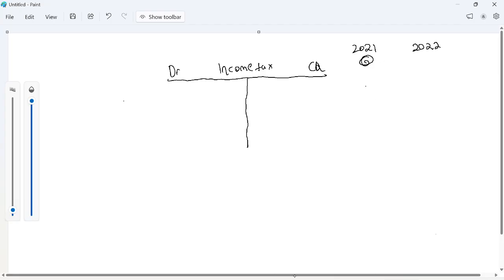For example, they can say our income tax for the year is maybe 200,000, and then we have our SARS income tax as being a debit balance of maybe 20,000, and then a credit balance of maybe 25,000.